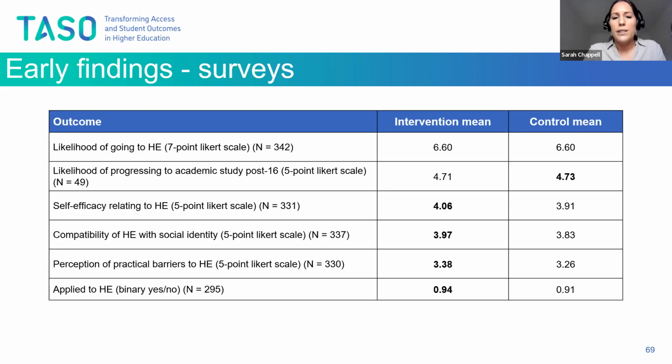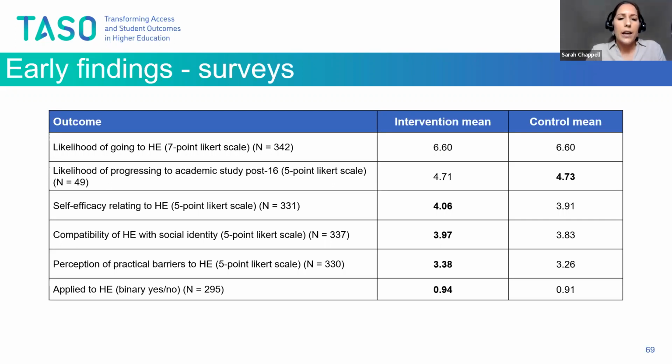So it essentially means that regardless of whether they got a place on the summer school or not, they were very much interested in going to HE. And I guess this makes sense here because we know students are applying to a university summer school, so likely they've already got that high interest in going to higher education in the first place.